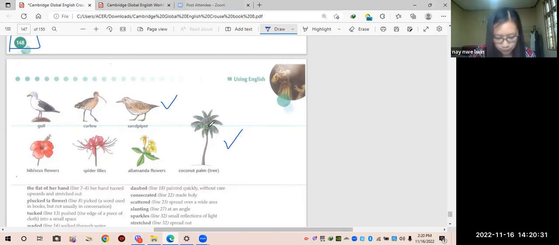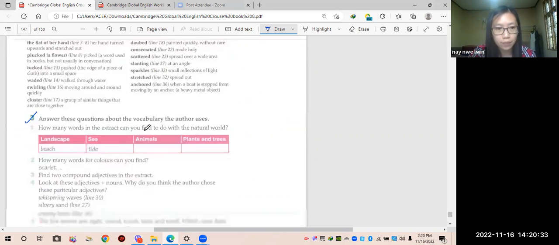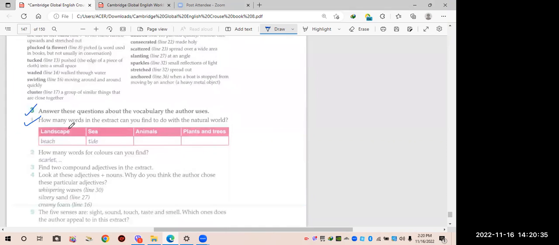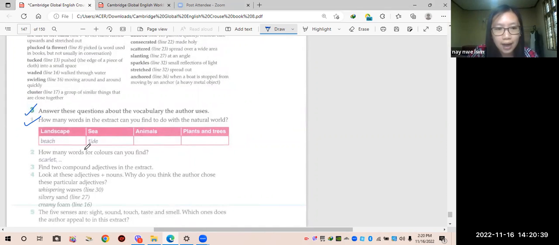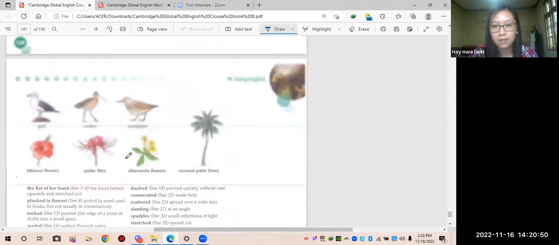So did you get all the answers for number 3-1, everyone? Yes. So if it is yes, we will find the colors this time. How many words for colors can you find? This time you have to pay attention to the vocabulary concerned with color. Okay, so scarlet has been given as an example word.